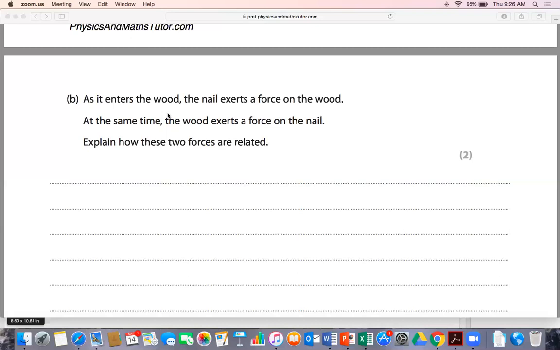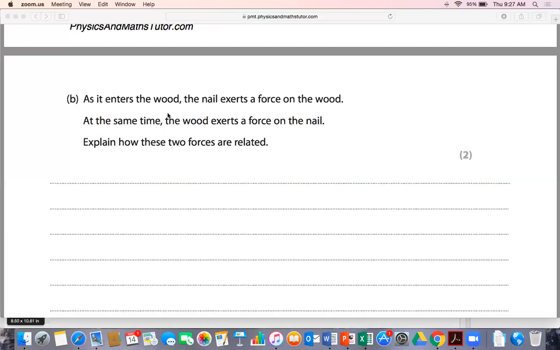When the nail is being hit into the wood by the hammer, you're not pushing the wood towards the nail, but because of what Newton's third law says, that every action has an equal and opposite reaction, the wood is also exerting a force on the nail.